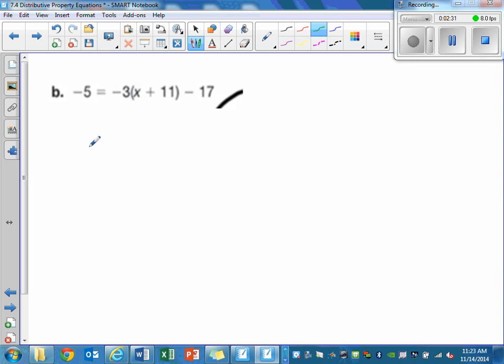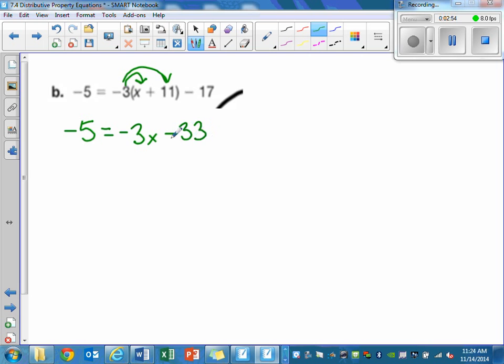So we have negative 5 equals negative 3 times the quantity of x plus 11 minus 17. The first thing I'm going to do is distribute the negative 3 through the parentheses. So I'm going to rewrite what I have. Negative 5 equals, and then negative 3 times x is negative 3x. Negative 3 times 11 is negative 33.